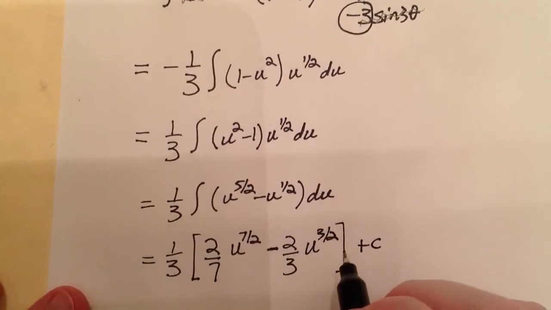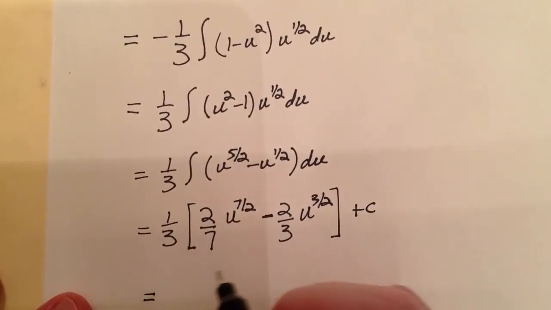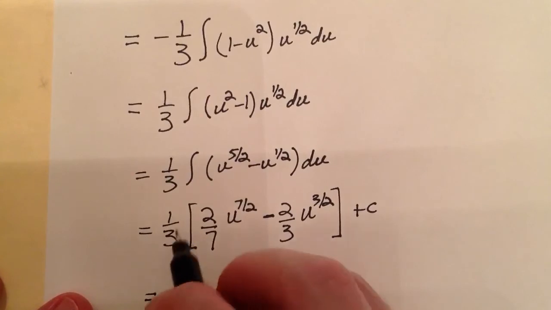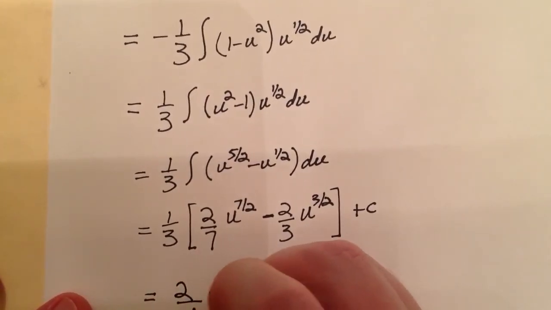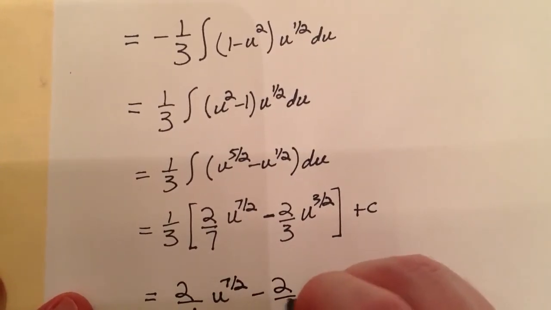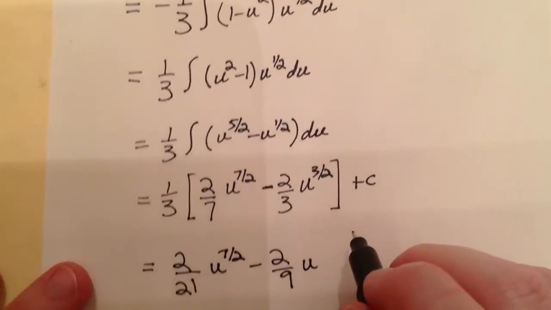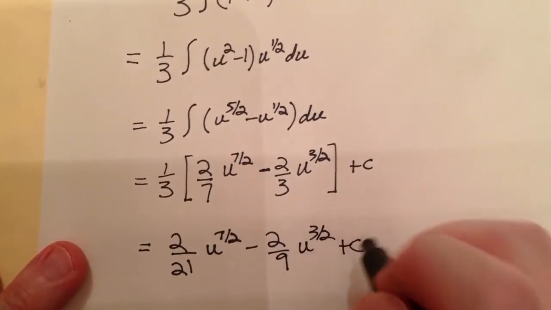And multiplying by 1/3, this one we have 2/21 times u to the 7 halves minus 2/9 times u to the 3 halves, followed by the constant.